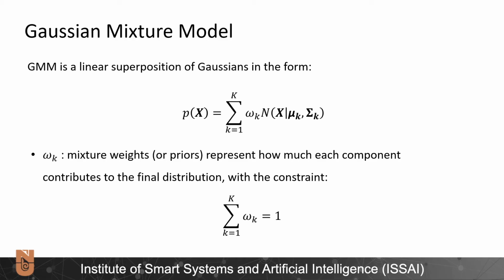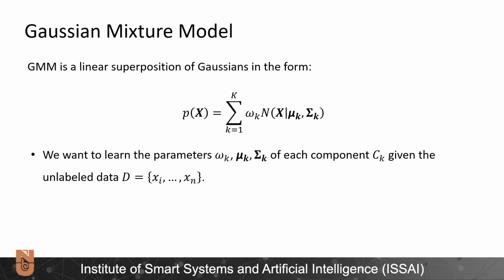Finally, in the PDF of Gaussian mixture models, the omega variable is the mixture weights, or priors, which represent how much each component contributes to the final distribution, with the constraint that the sum of all mixture weights is equal to 1. With Gaussian mixture models, we want to learn the parameters of each component given the unlabeled data only.